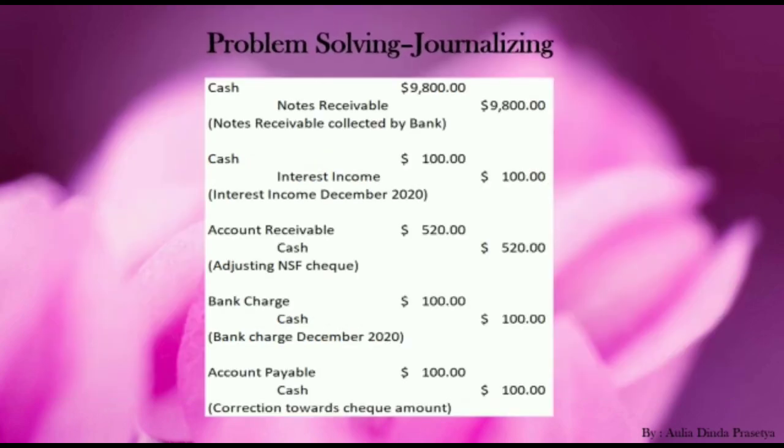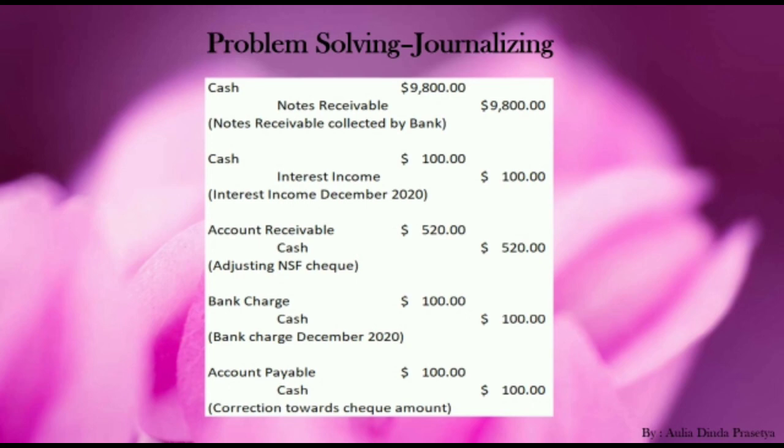After we reconcile the cash balance between the bank statement and Robert's company's record, don't forget to prepare the journal. The journal that we prepare is only from Robert's company's record.